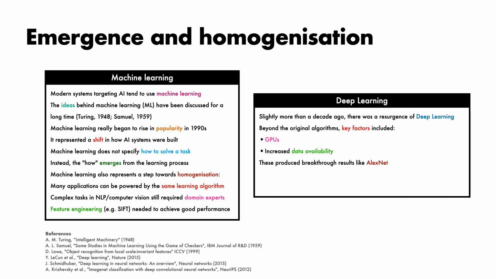These combined to produce breakthrough results like AlexNet in the 2012 ImageNet competition, which went far beyond any previous methods in terms of performance. Deep learning also represented a second form of shift towards homogenization. Rather than requiring handcrafted, bespoke features from domain experts, now the same architecture could be used widely across a range of applications.